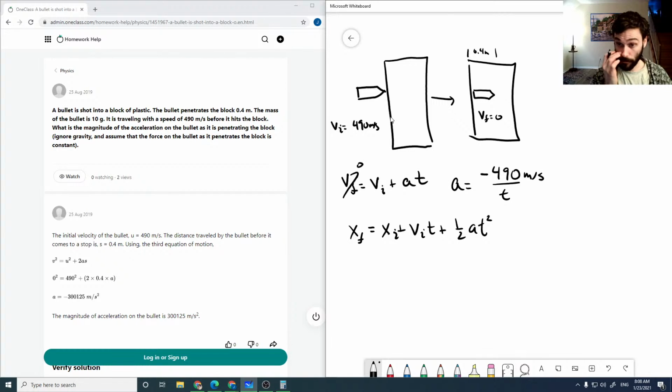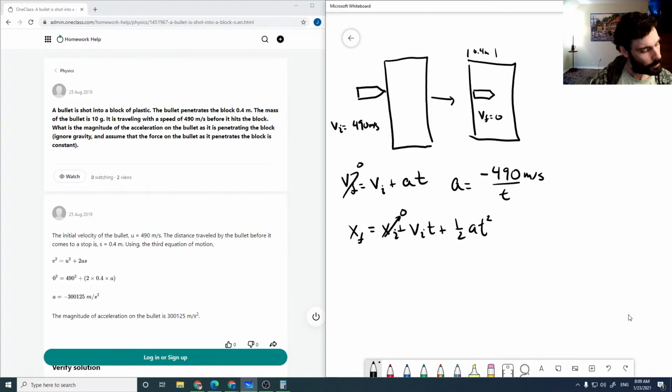And again, we're missing a time. Our xi we're defining to be 0. So we can define a time, or we could have solved for time here instead.